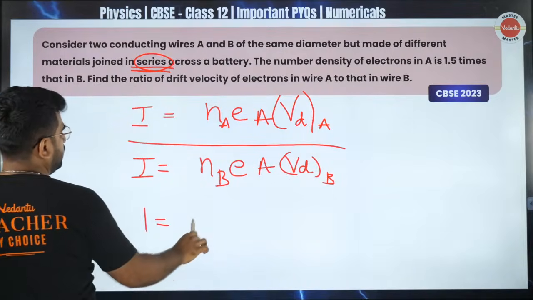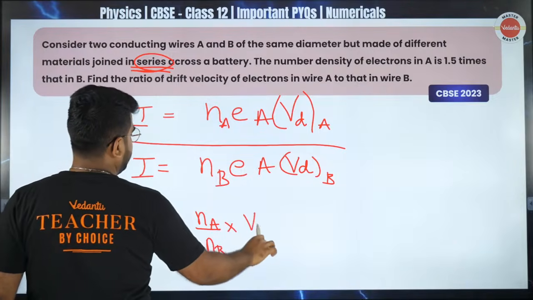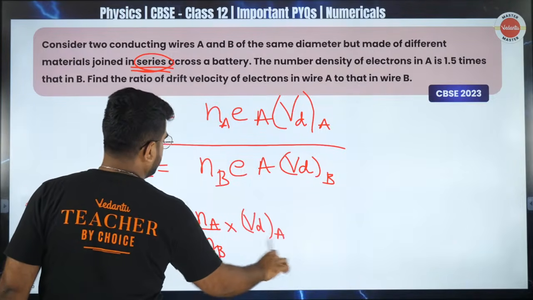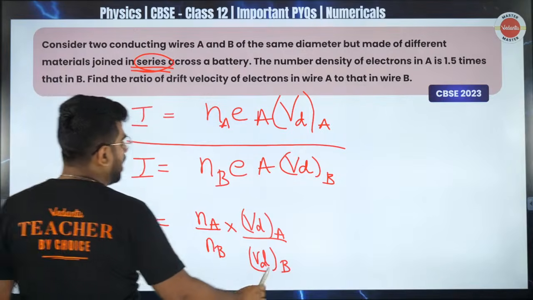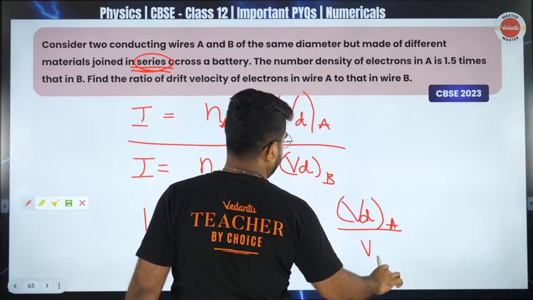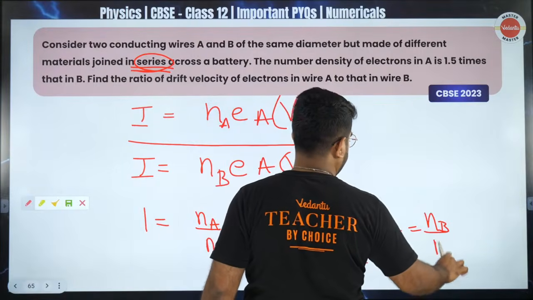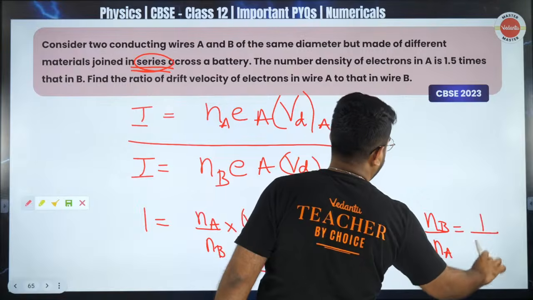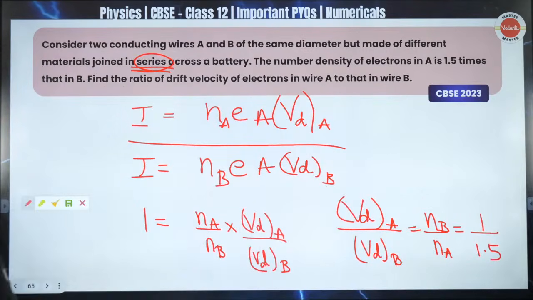The ratio is NA by NB into VDA by VDB. So the ratio of the drift velocity will be equal to NB by NA. So it is equal to 1 by 1.5. That's the answer. 1 by 1.5 is the answer.